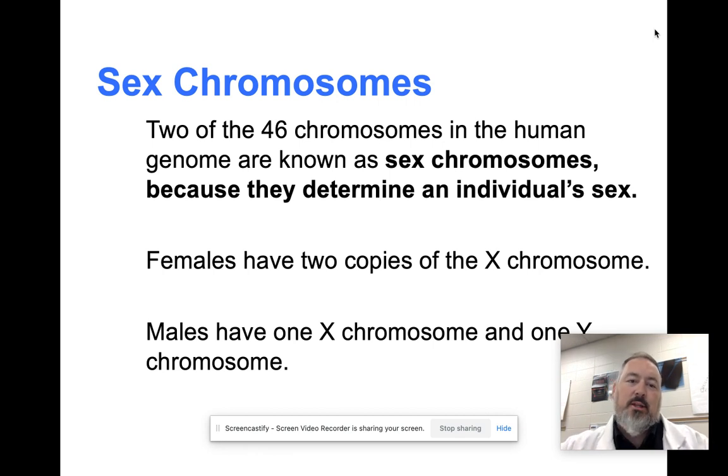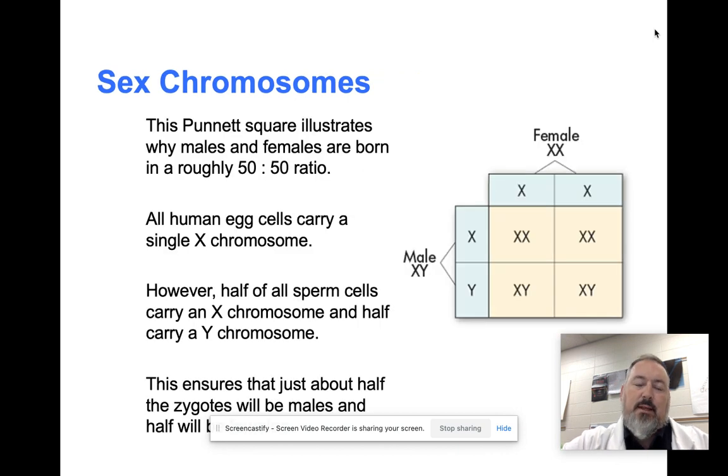Two of the chromosomes in the human genome are known as sex chromosomes because they determine an individual's sex. So females have two copies of the X chromosome, giving them an XX genotype, and males have a copy of X and a copy of Y, giving them an XY genotype. The Punnett square illustrates why males and females are born in a 50-50 ratio.